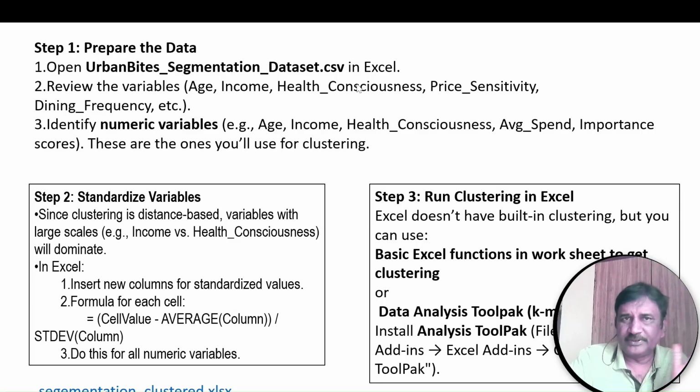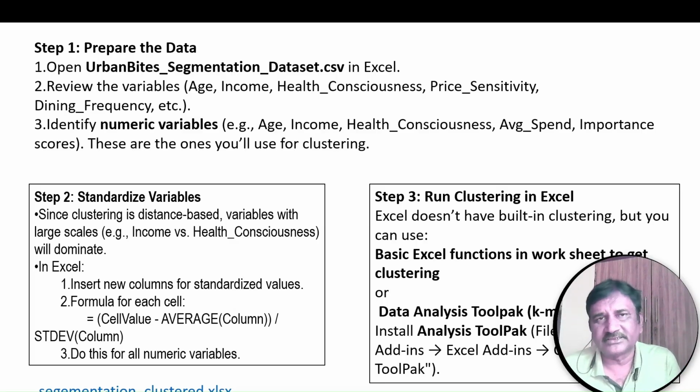When you will be dealing with some other dataset, you will be mentioning the name of that dataset. CSV means comma separated value, right? You better convert this CSV file to an XLSX file, right? Because in that case you will be able to use more facilities of Excel, right?